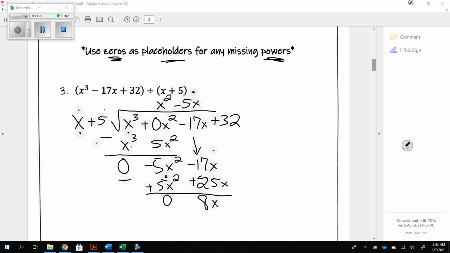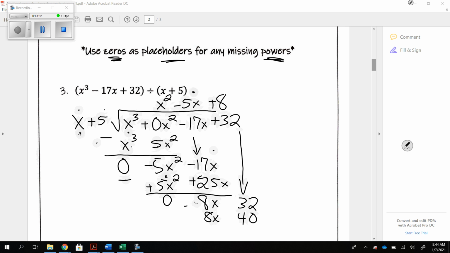Now we bring down this 32. We divide this 8x divided by x, and we get plus 8. That's easy. All right. Then we multiply the 8 times x to get 8x. And then we multiply the 8 times 5 to get 40. All right. Then we subtract both.